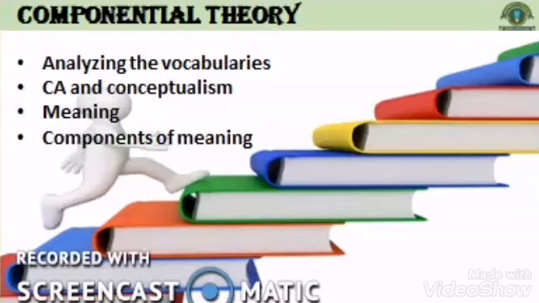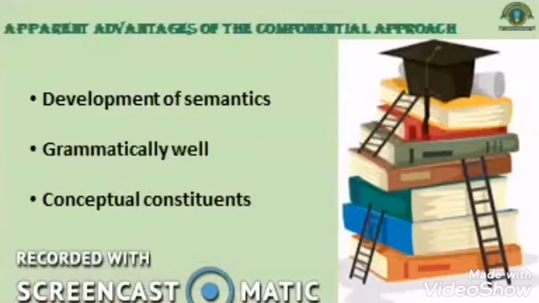Now we are going to move to the next and final section, which is about componential analysis of the meaning and its advantages. What is the apparent advantage of the componential analysis? It has been divided into three major parts.